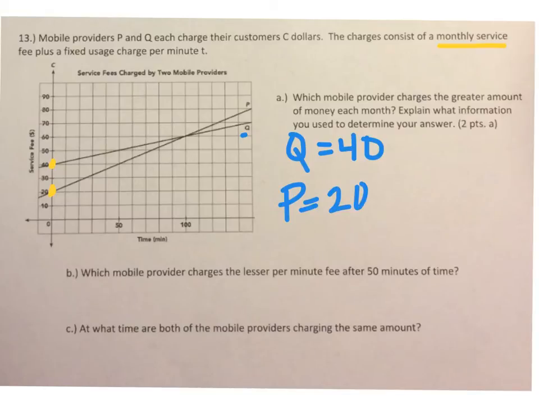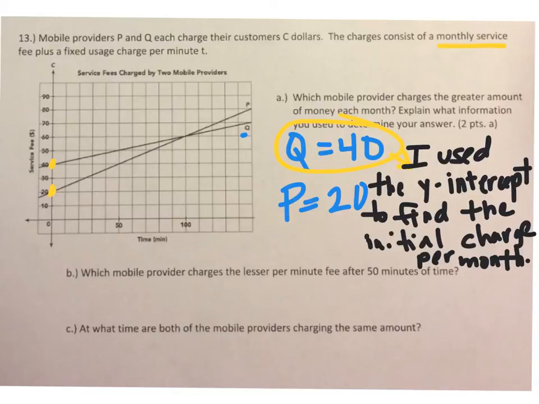So who charges the greater amount of money? Company Q. What information did I use? I used what you could call the y-intercept, or the initial value. And then I would explain that. So your explanation should have something to do with using the y-intercept to find the initial charge per month.